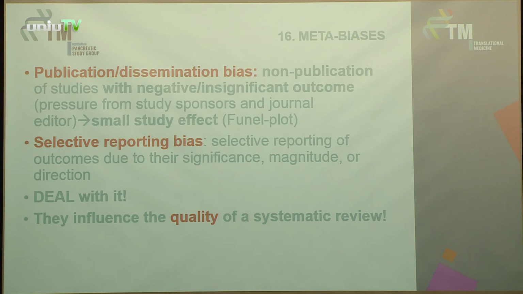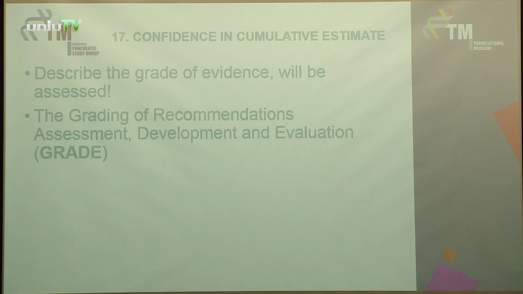They are important because they influence the quality of our work. And the last point of this PRISMA-P guideline is that we have to describe the grade of the evidence we found, and we can do this with the grading system that Zsolt explained earlier.